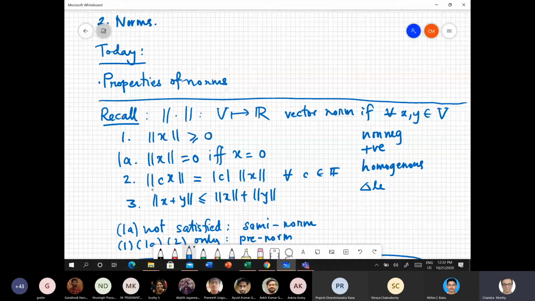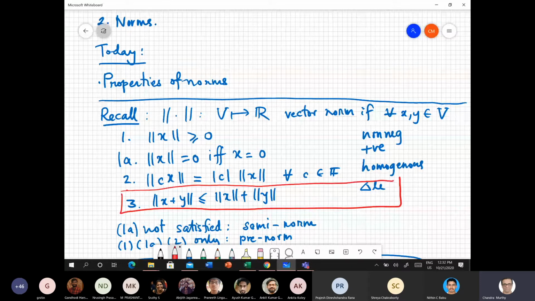It has the homogeneity property, namely that the norm of c times x is equal to the magnitude of c times the norm of x for every c in the field F. And finally, the triangle inequality: norm of x plus y is less than or equal to norm x plus norm y. If property 3 is not satisfied, then we call it a pre-norm. And if property 1a is not satisfied, then we call it a semi-norm.